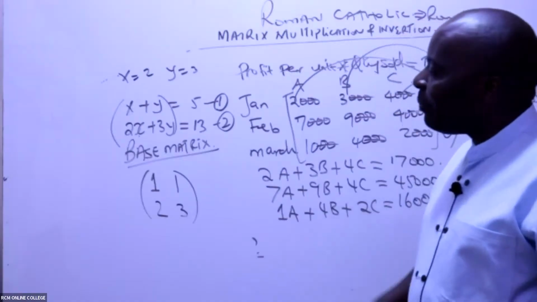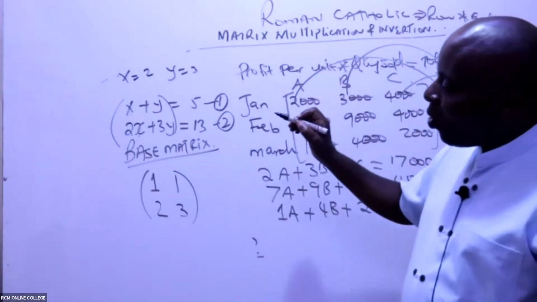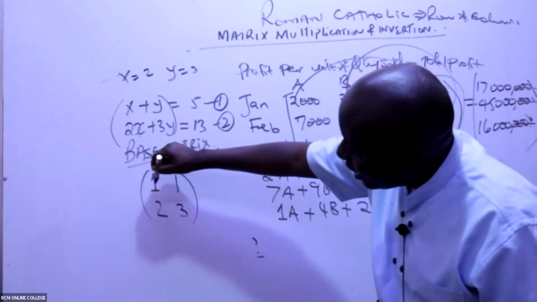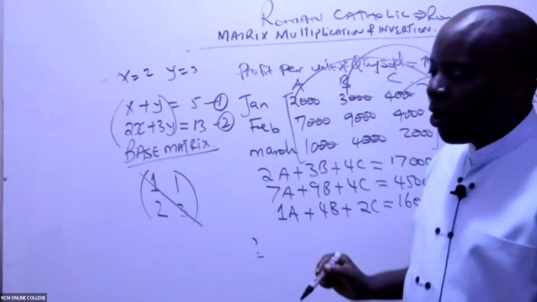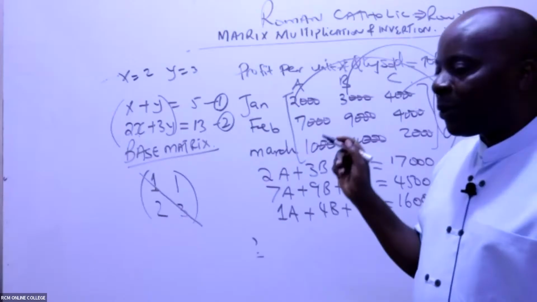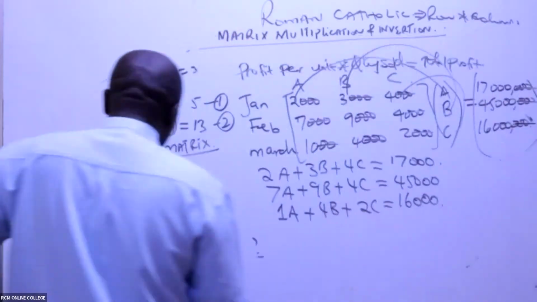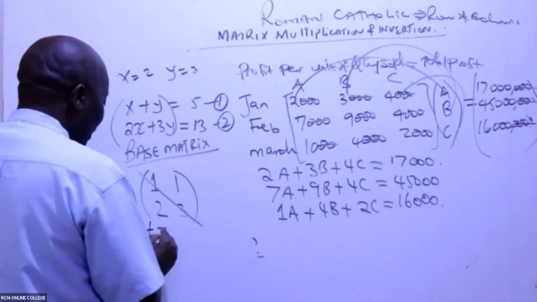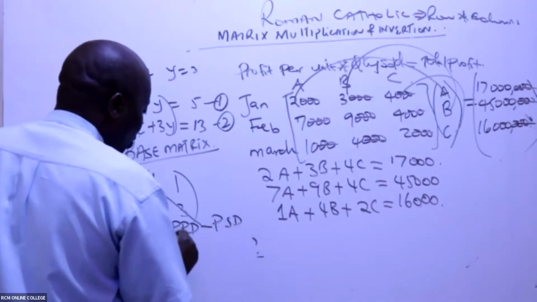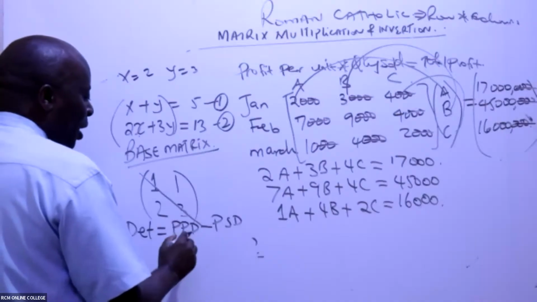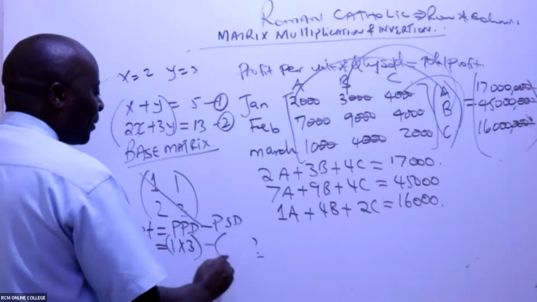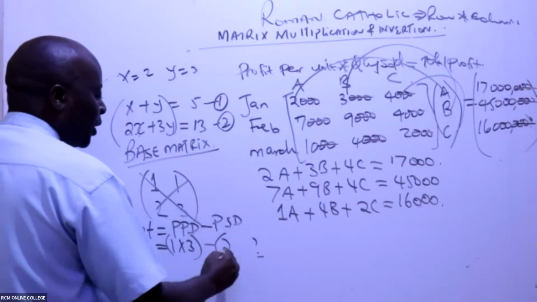You take the product of the primary diagonal. The primary diagonal is normally the one that starts from the first element here. This is the primary diagonal. So come and give me its product. Remember, to get the determinant, it is PPD minus PSD: product of primary diagonal, 1 times 3, minus product of secondary diagonal, 2 times 1.